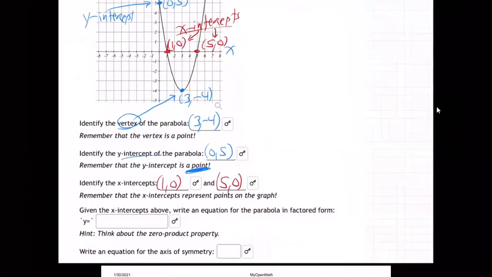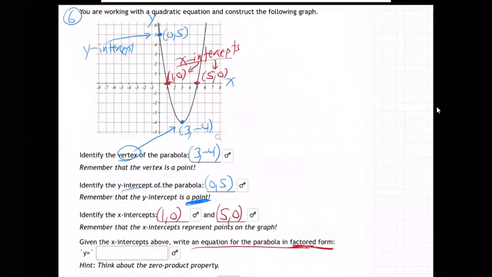Okay, and then it says, write an equation in factored form. How do we write an equation in factored form? Well, I have that here. Let me put that in the notes for you.